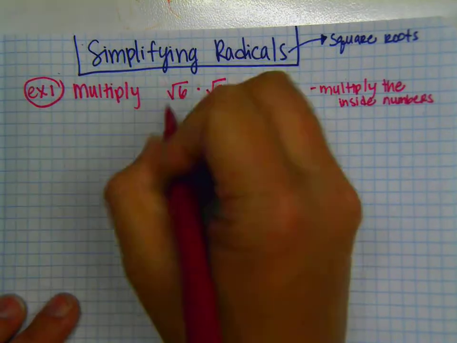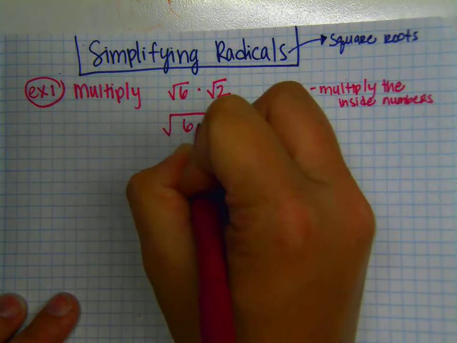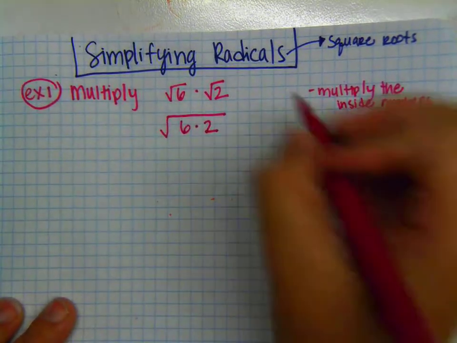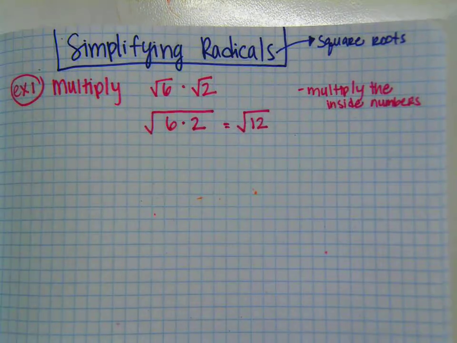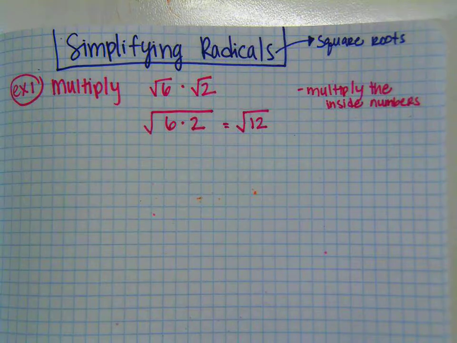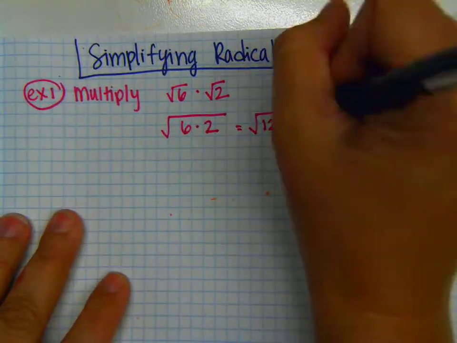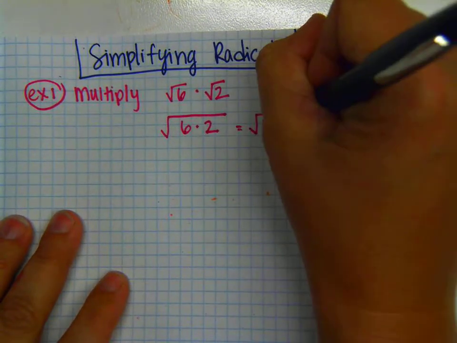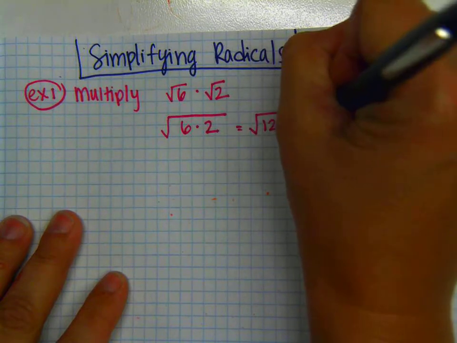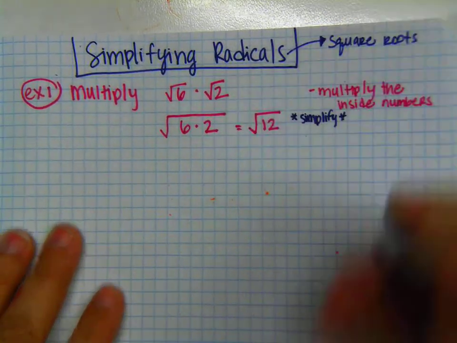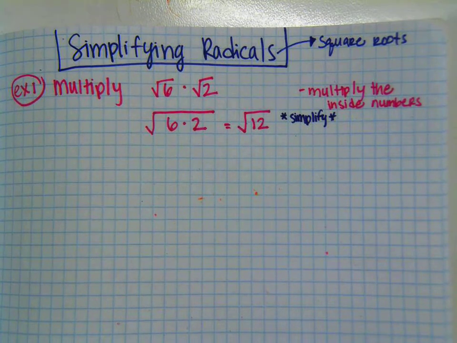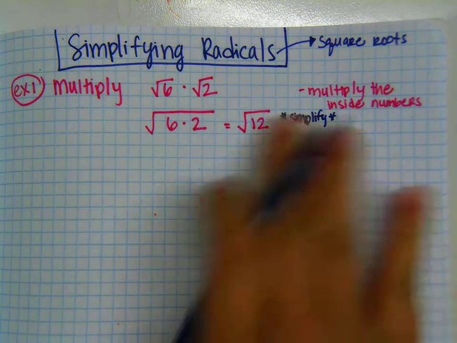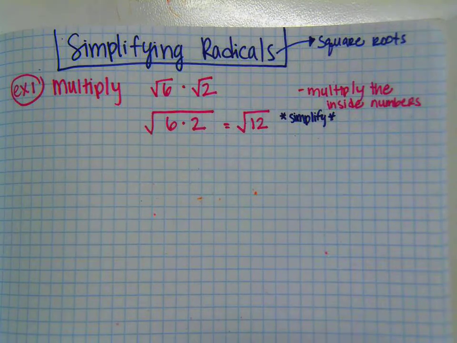So that will be the square root of 6 times 2, which just equals the square root of 12. Now that's not completely done yet. So I'm going to put a little asterisk here and write simplify. Because at the end of these notes, I'm going to have you come back and simplify that one. But right now, you don't know how to simplify it, but you will at the end.